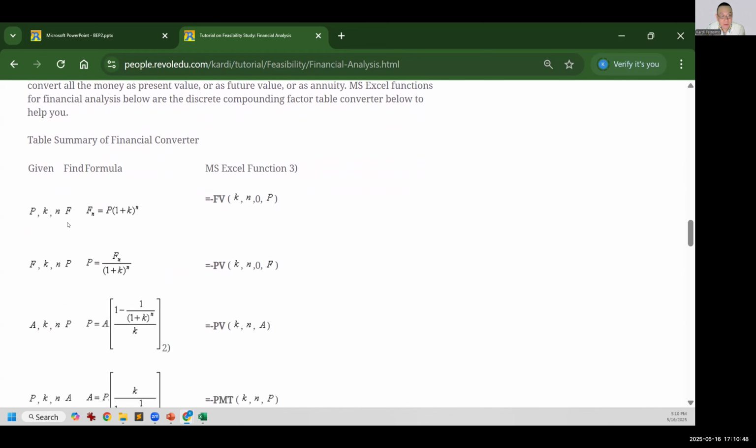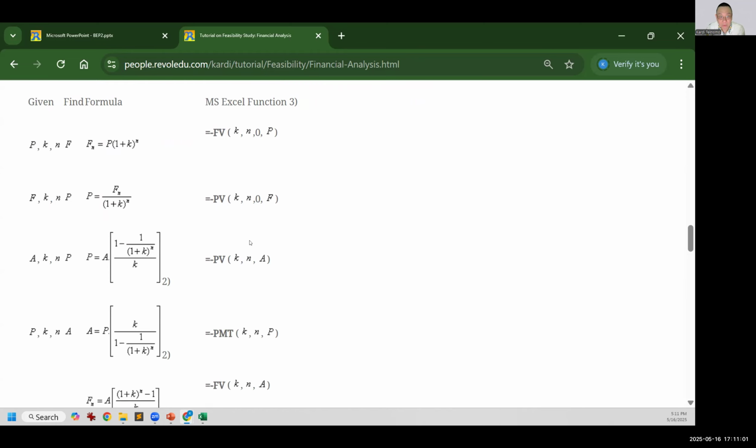So this is the given 1, 2, 3, and then this is the last variable that you want to find. And then this is the formula, and this is the Excel function that you can use.